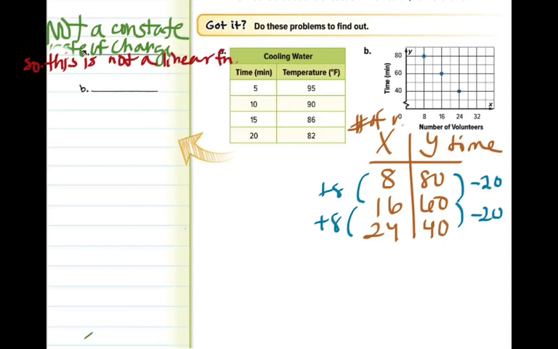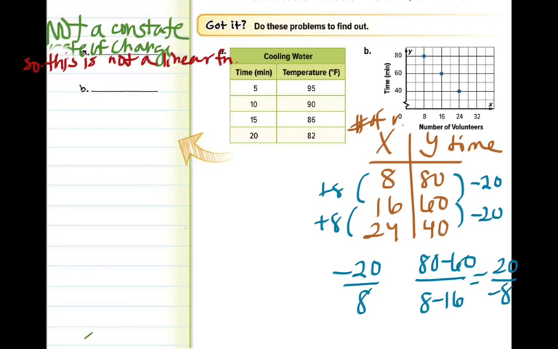Okay. That would mean my rate of change would be negative 20 over 8. The way time changes, 80 minus 60. Or if you want to, you'll see in a second, over 8 minus 16, I get 20 over negative 8. Now, one thing I do want you to notice, if you see how this was a negative 20 up top and over here was a positive, it's just the order.